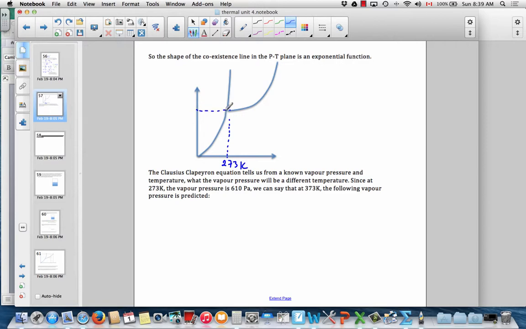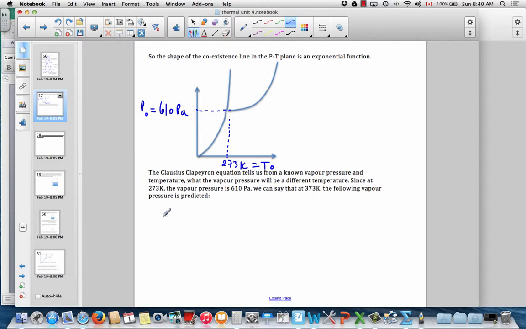The saturation vapor pressure is about 610 pascals. And so that will be our P naught, our known saturation vapor pressure at this given temperature. So if we wanted to go to a higher temperature, say 373 Kelvin, the boiling point, what would be the saturation vapor pressure at that point?